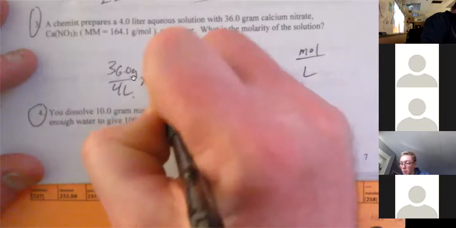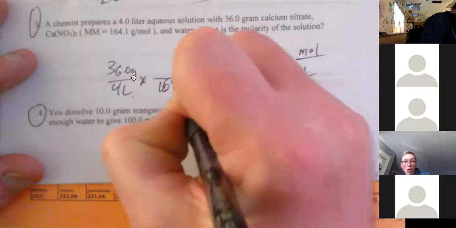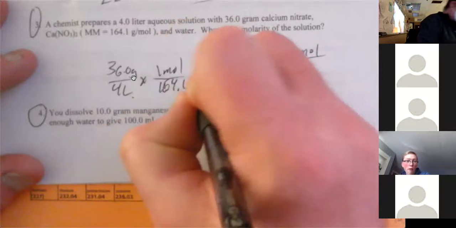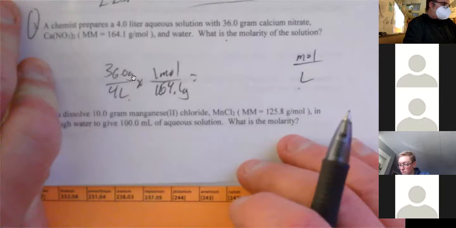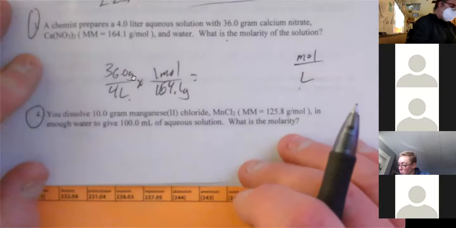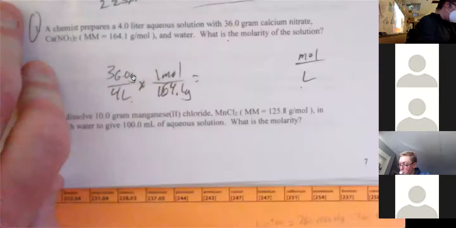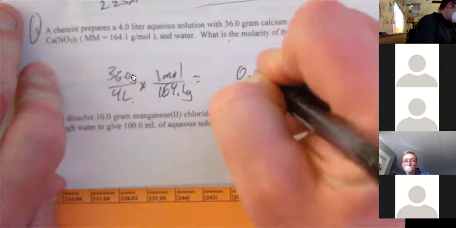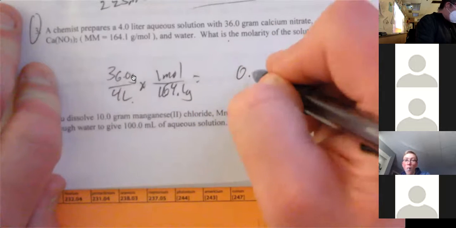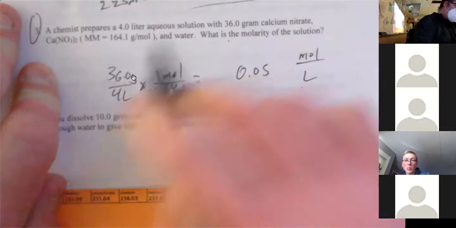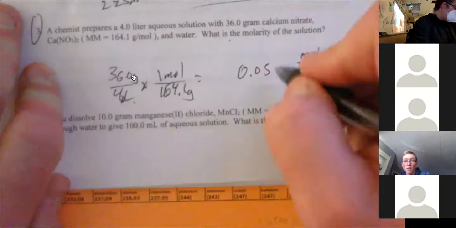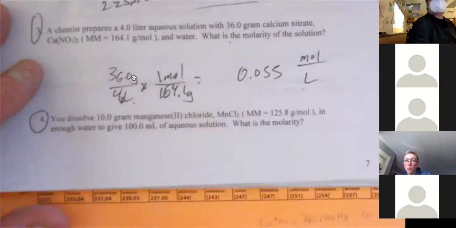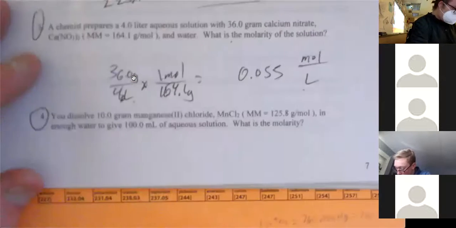Every 164 grams is 1 mole. 36 divided by 4 divided by 164.1. The answer is about 0.05484. Two significant digits with that 4.0. So 0.055 moles per liter.